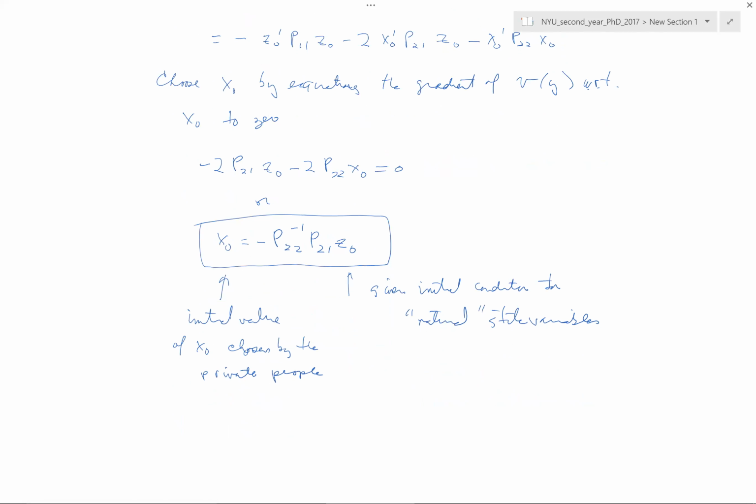Once we choose that, we have the optimum decision rule. How do we affect that? The optimum decision rule is minus F Y_t, equals minus F1, F2, times Z_t, X_t. So we've completely solved the problem.